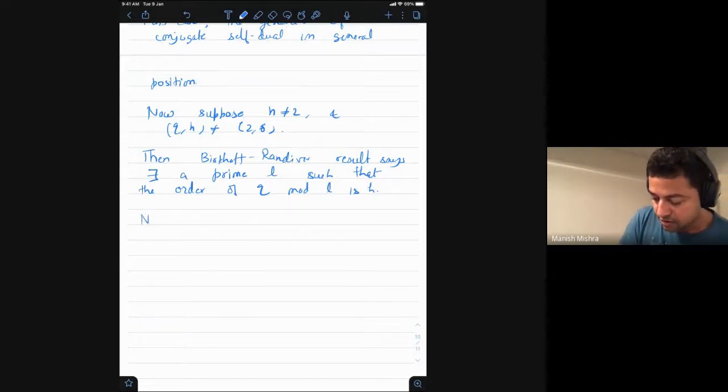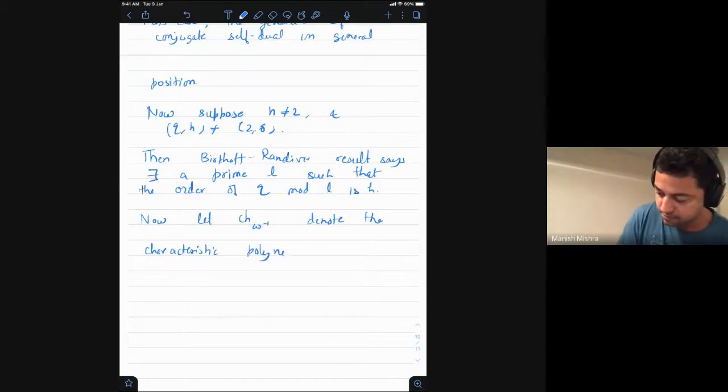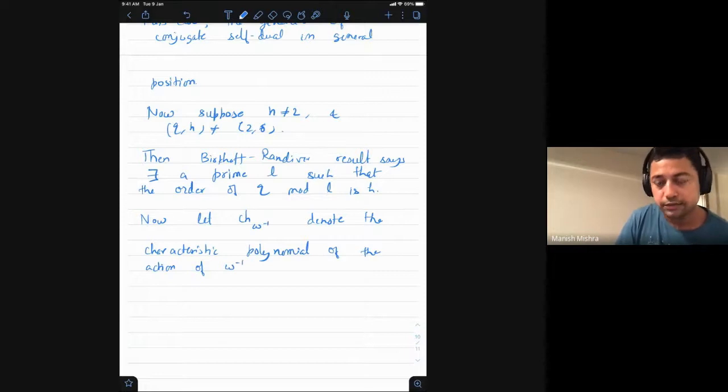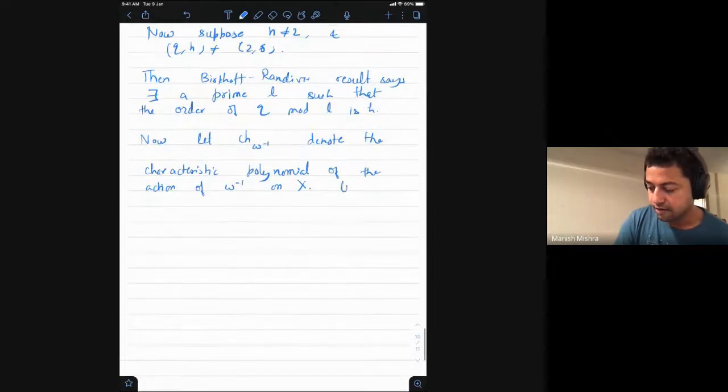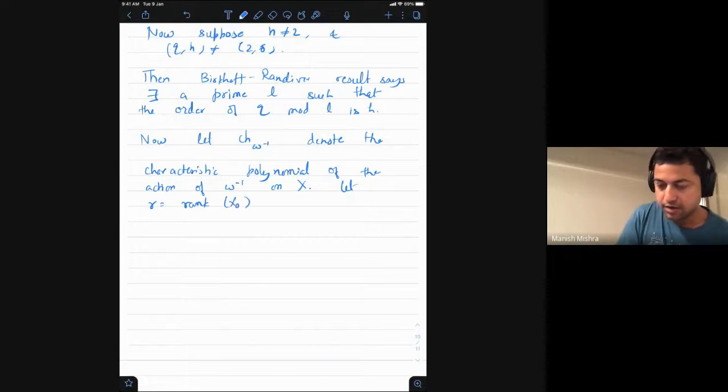Now let ch omega inverse denote the characteristic polynomial of the action of omega inverse on X, and let r denote the rank of X0.